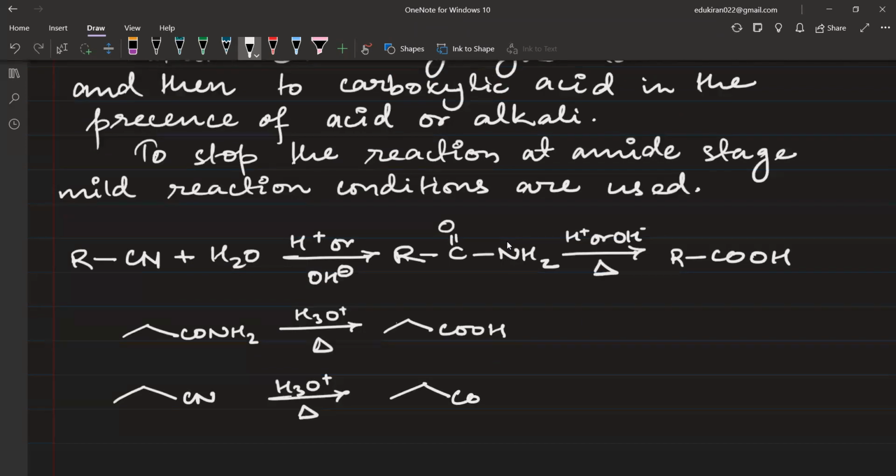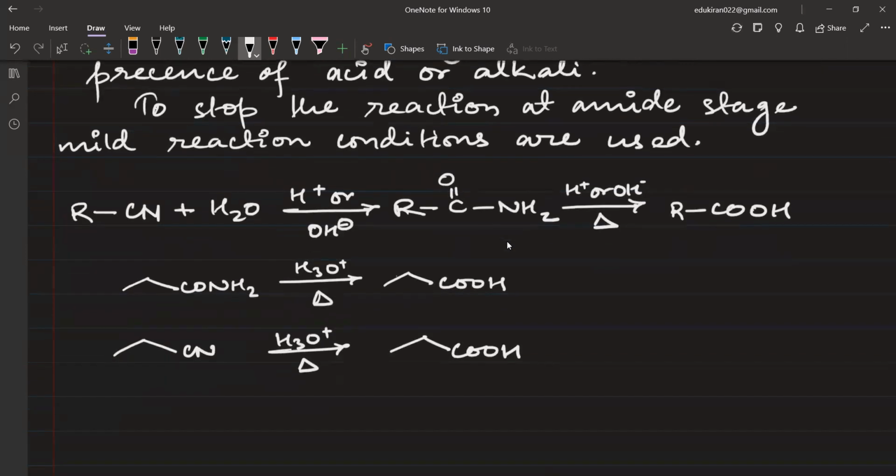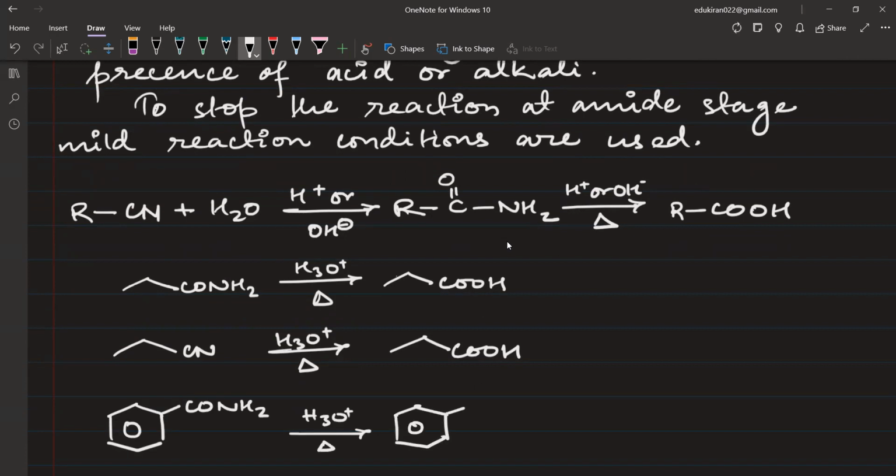You are going to get COOH. Now from this, if you have benzamide, CONH2, same conditions, you will get benzoic acid.